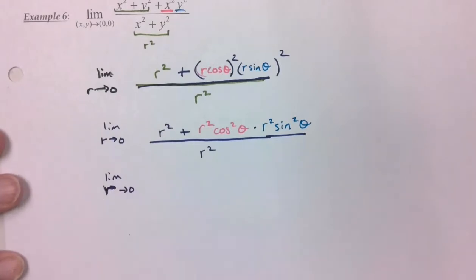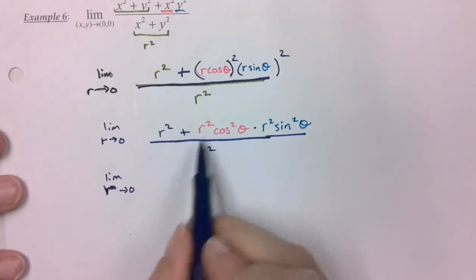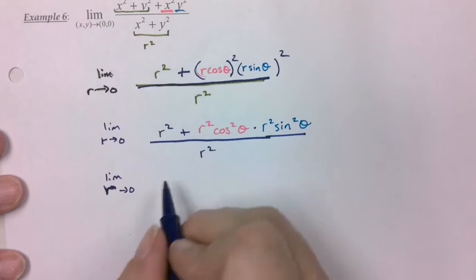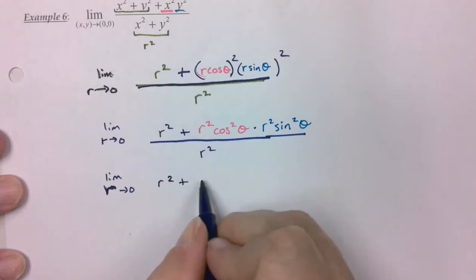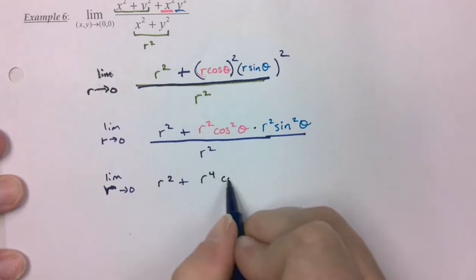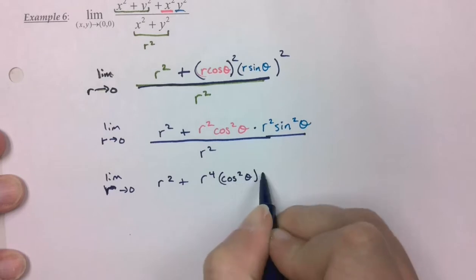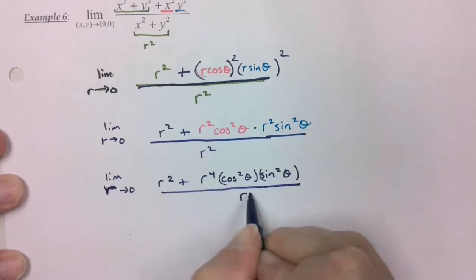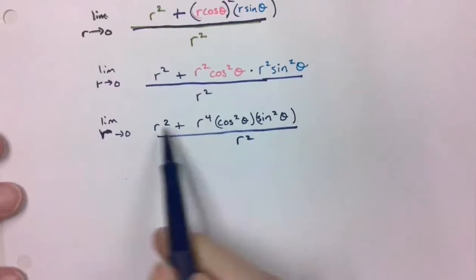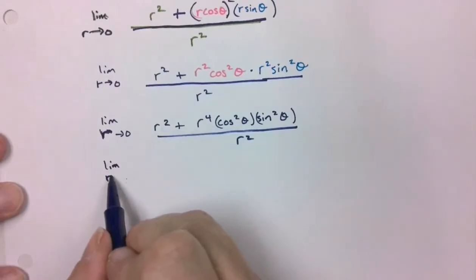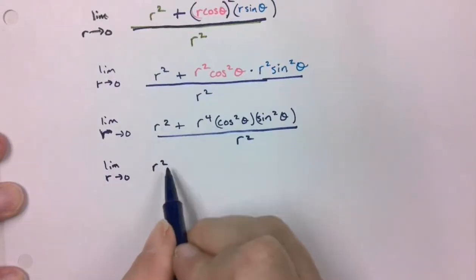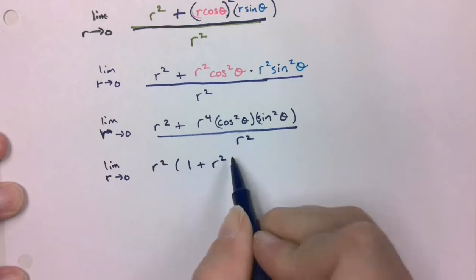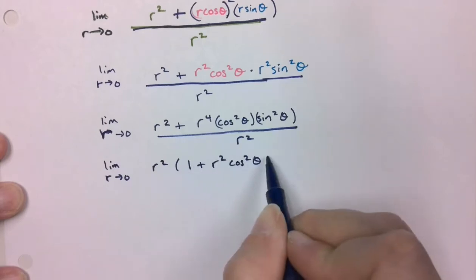Sorry, my r got weird there. Let me write it this way: r squared plus r to the 4th cosine squared theta sine squared theta over r squared. If you factor r squared out of both of these, which you can, that leaves you 1 plus r squared cosine squared sine squared.